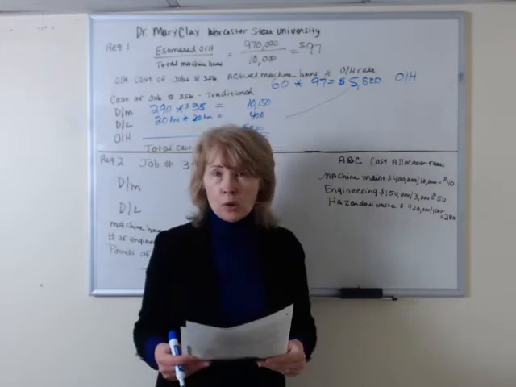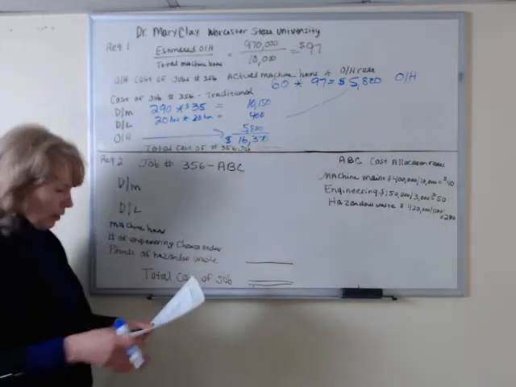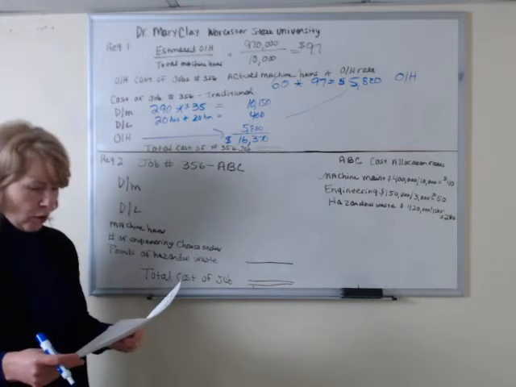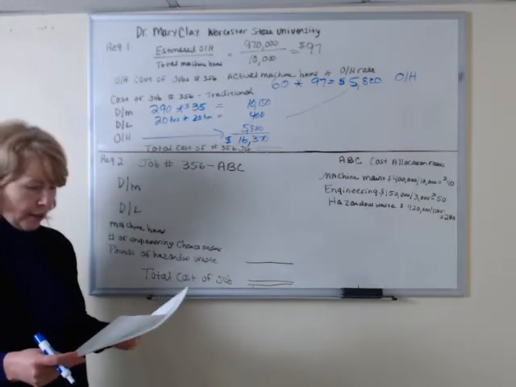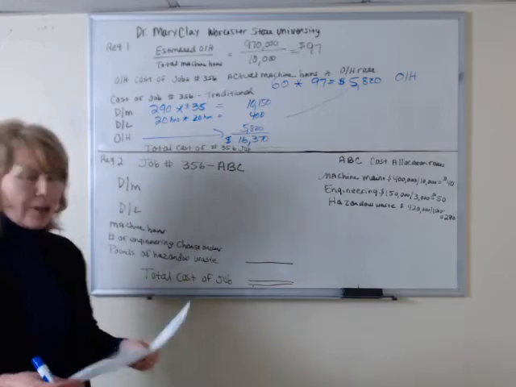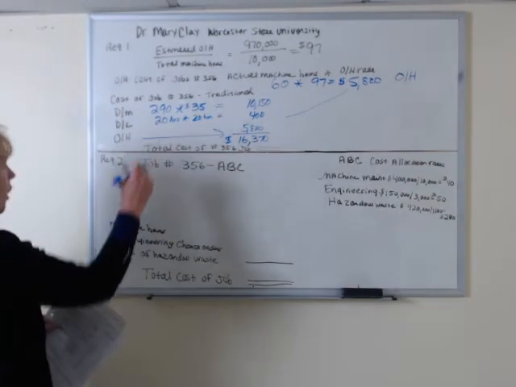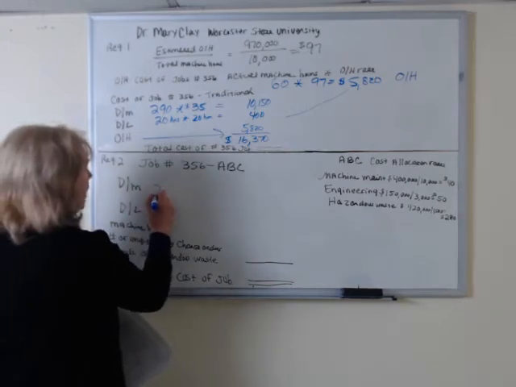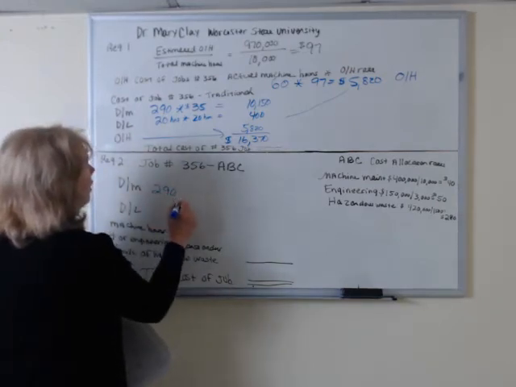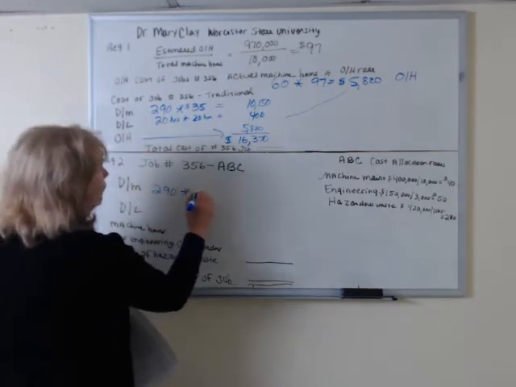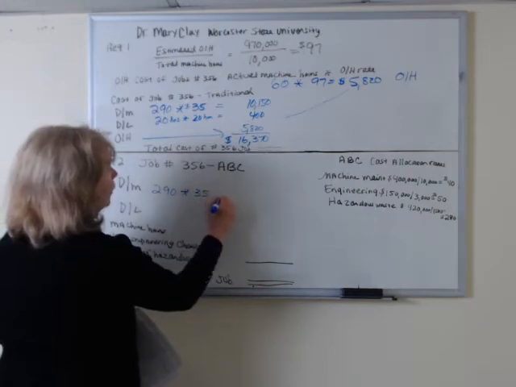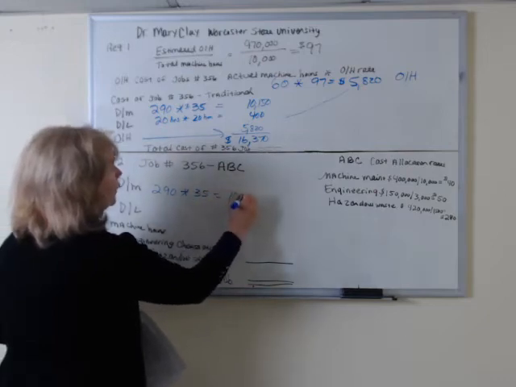Now we're going to use those rates over here. We're going to first work on direct materials. Direct materials will be exactly the same as the traditional method. So direct materials, I'm going to take 290, multiply it by 35, and that equals 10,150.